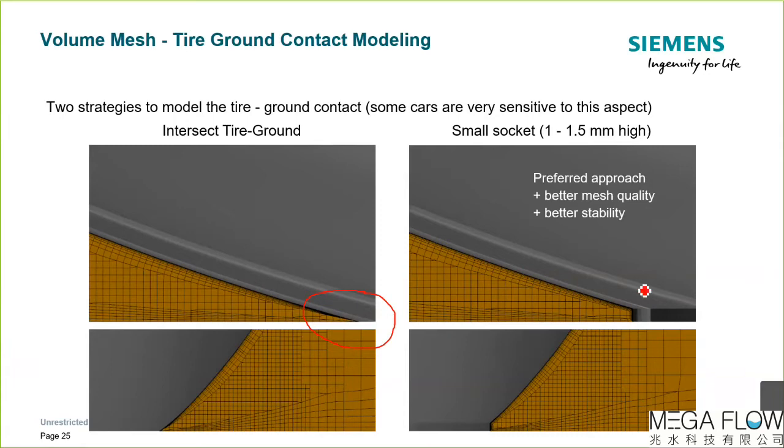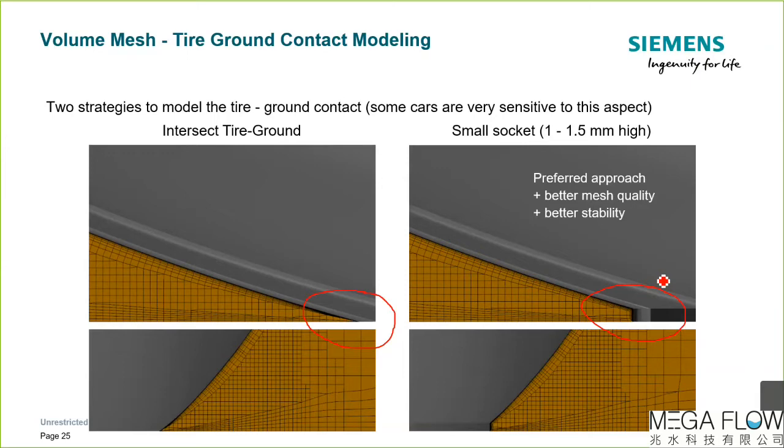The other approach is to create a small socket. And when I'm talking about a small socket, I'm not talking about, I don't know, an 8 or 10 millimeter socket or something like that. I'm really talking about 1.5, maybe 2 millimeter height. That's important. Otherwise, you're really altering the flow field a lot. The advantages are pretty obvious, I would say. Better mesh quality, better stability at the end of the day.